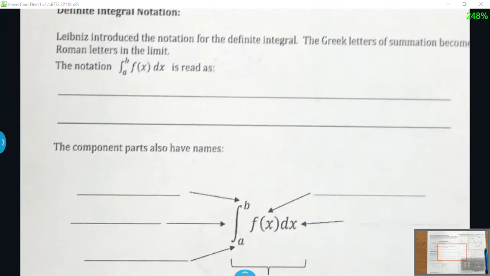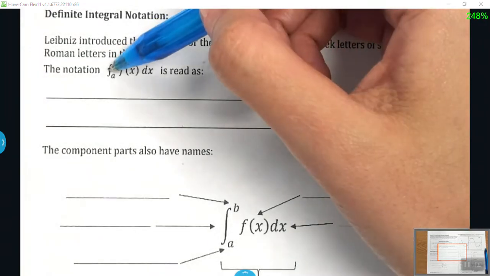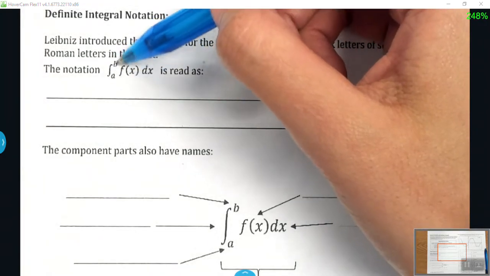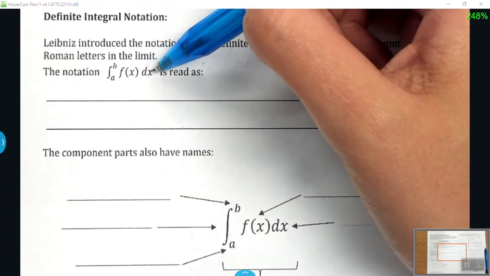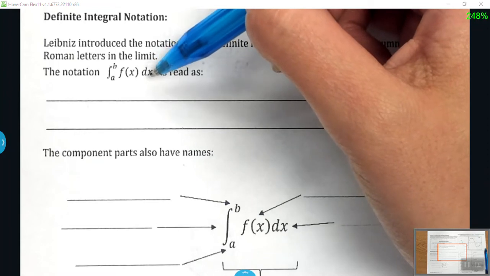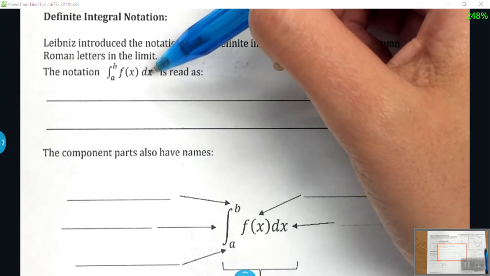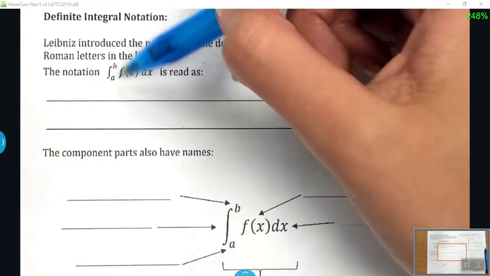Now this is the notation for the definite integral. This is your integral sign. A and B are the bounds of your integral, and this is your function. The delta x is just the width of each rectangle, but the width is going to get really small, just like the area.